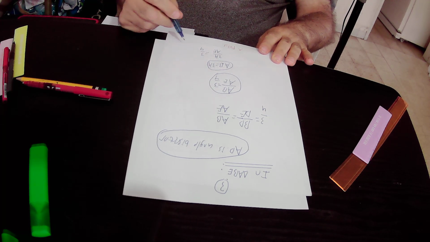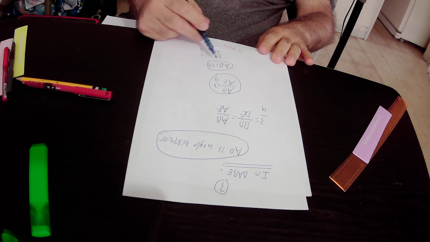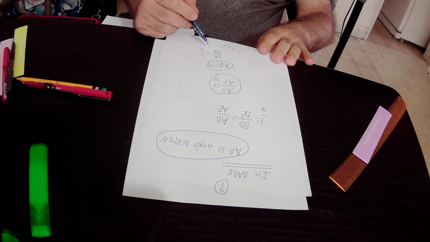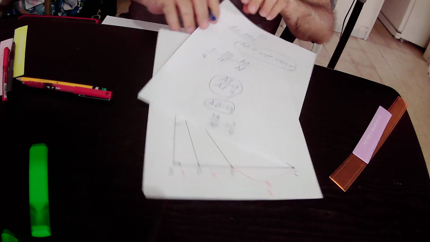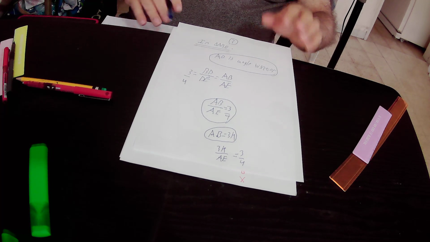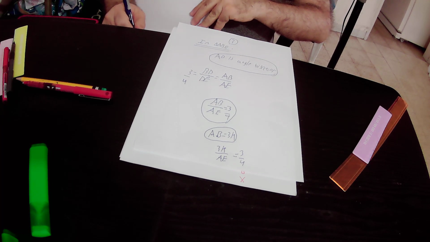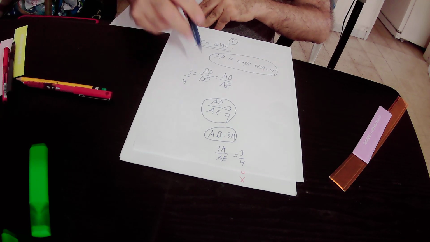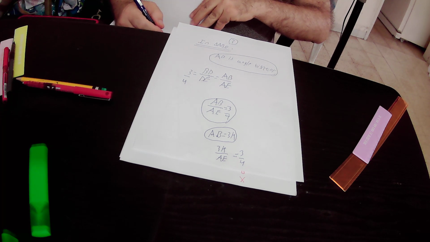So we substituted the value of AB by 3K, and we will find the value of AE. We will multiply this equality by AE, and we get that 3 over 4 times AE equals 3K.